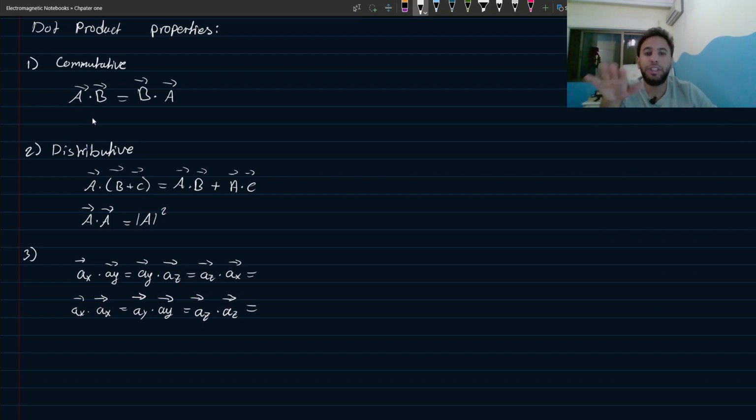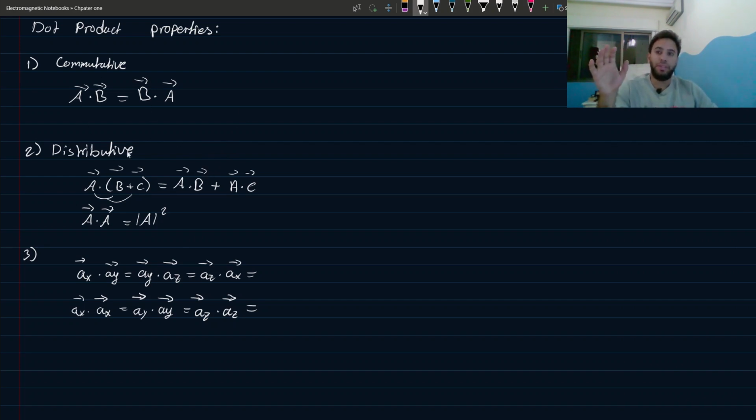It is also distributive. If we have A dot (B plus C), we can distribute the dot product between these two values and get A dot B plus A dot C. And don't forget, these are all vectors, not scalars.